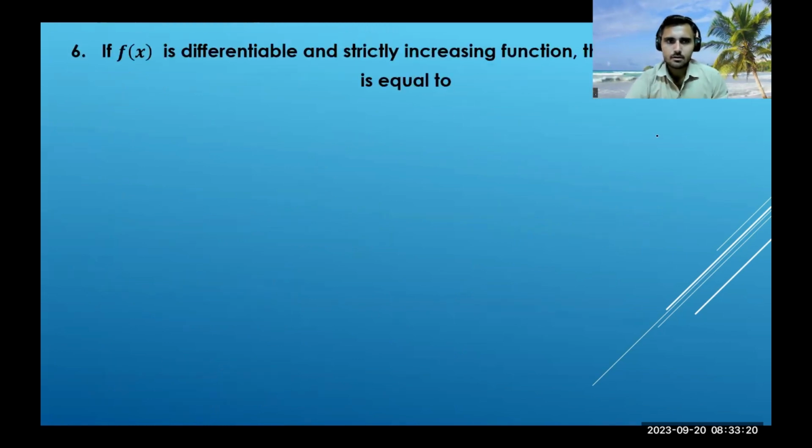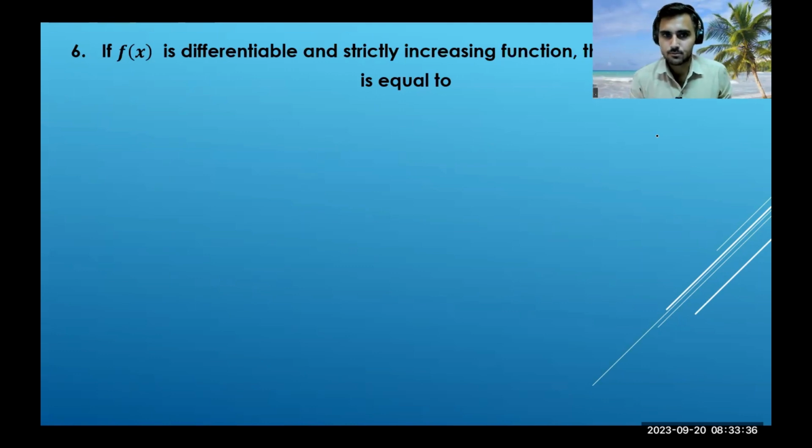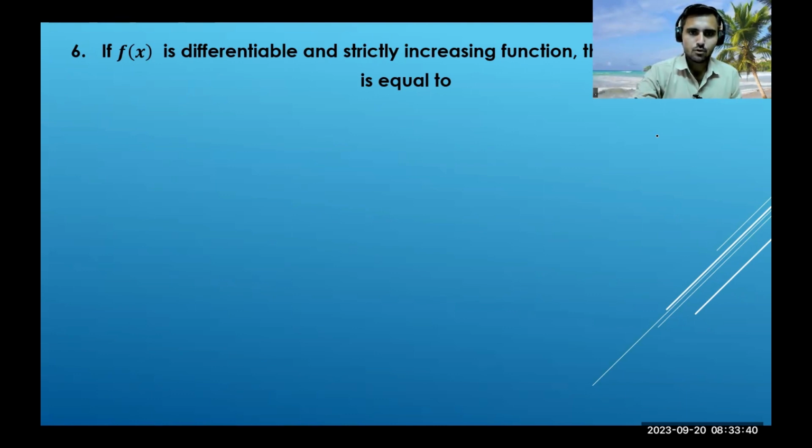Question number 6. If f of x is a differentiable and strictly increasing function, then limit x tends to 0 of f of x square minus f of x upon f of x minus f of 0 is equal to what? We need to find the limit as x goes to 0.